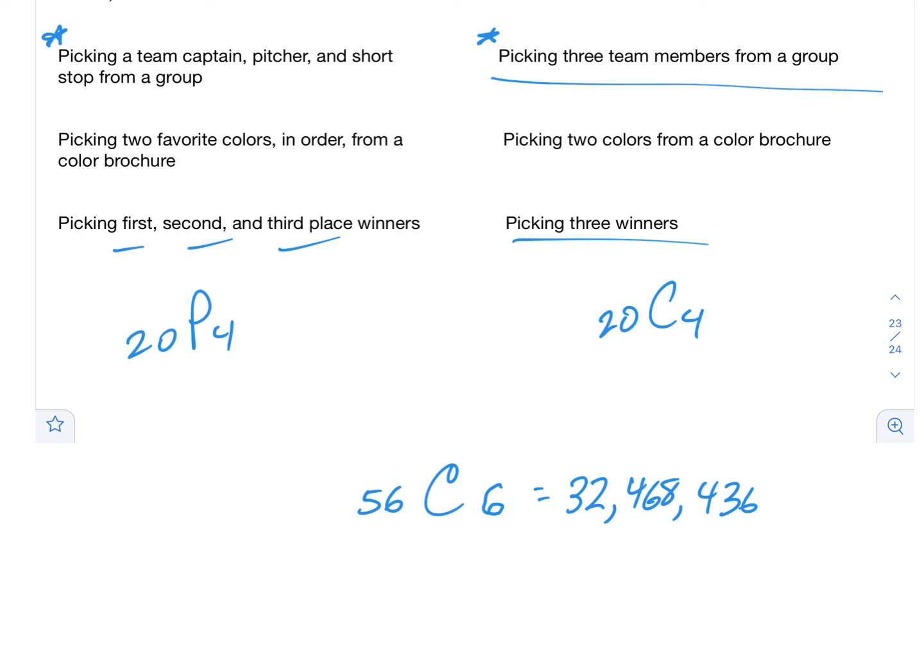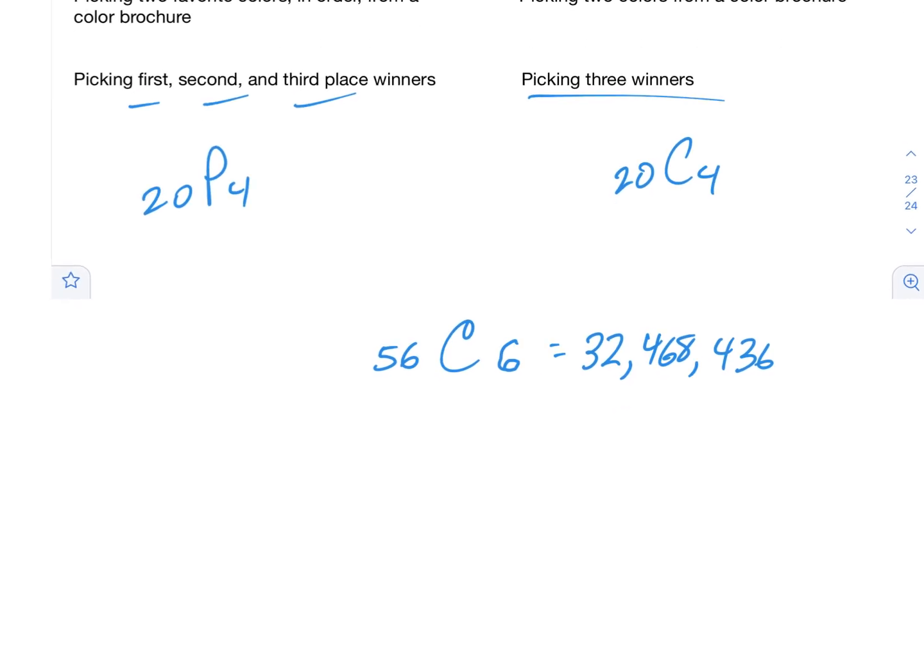So if you think about it, guys, if the lotto sometimes is $500 million, and you're rich and you have $32 million in the bank, well, obviously 32,468,436, could you feasibly buy every single ticket and you would be guaranteed to win?